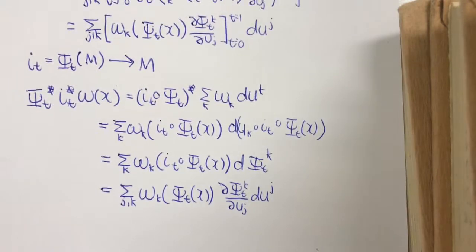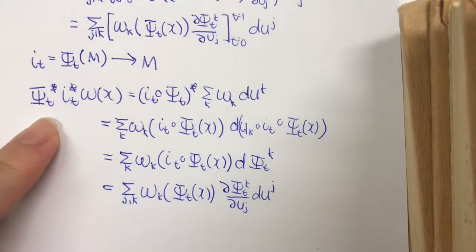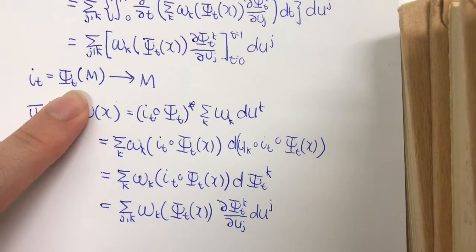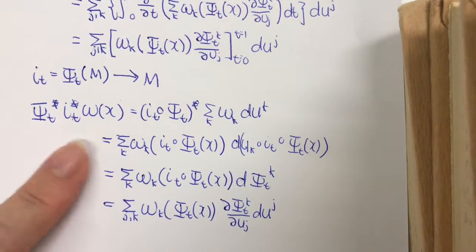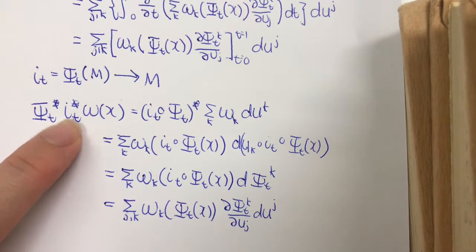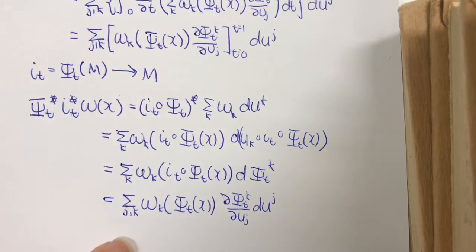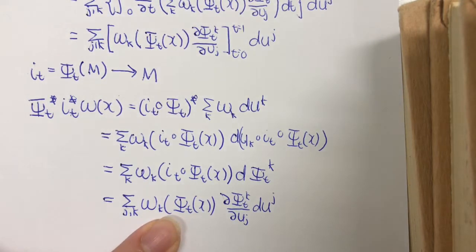Okay, so from this expression we can see that for any inclusion map that maps psi to M, the pullback of omega will finally equal this expression.